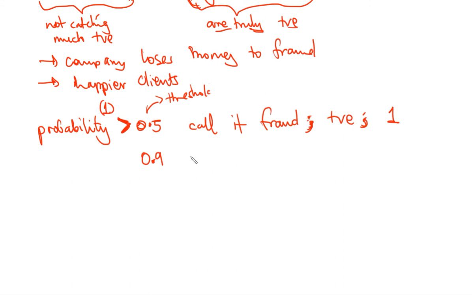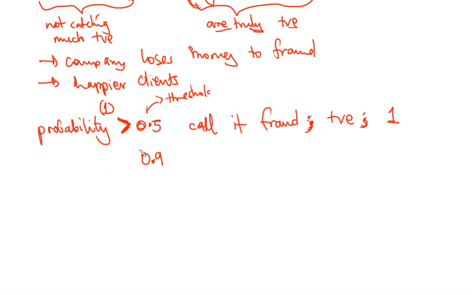So we are going to catch very, very few. Many are going to go through because their probability is going to be predicted to be lower than 0.9. It will be 0.8, 0.7, 0.88, 0.89, whatever it is.